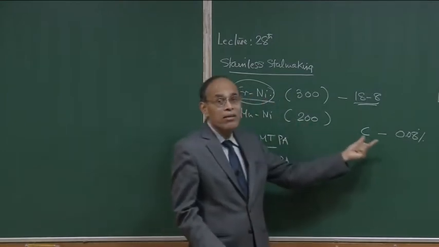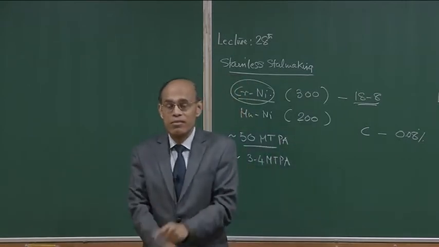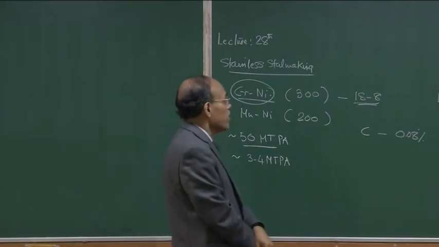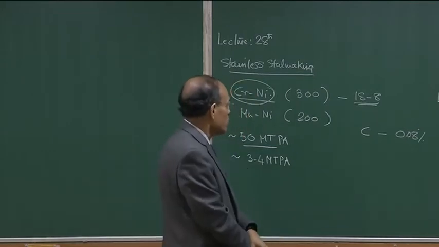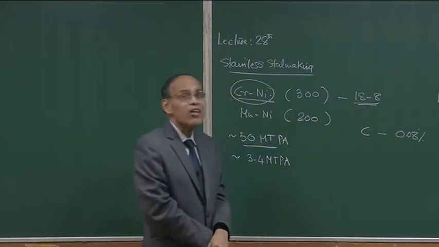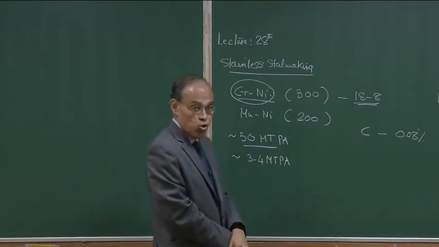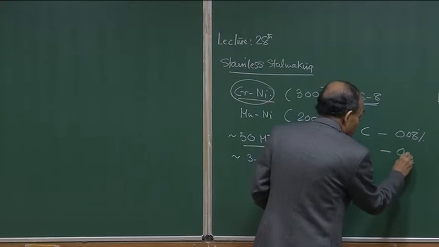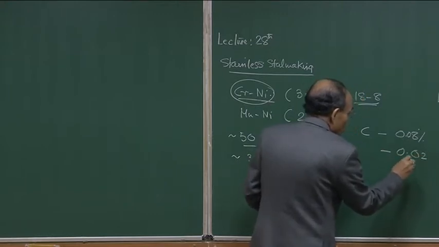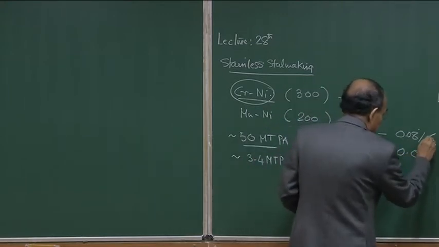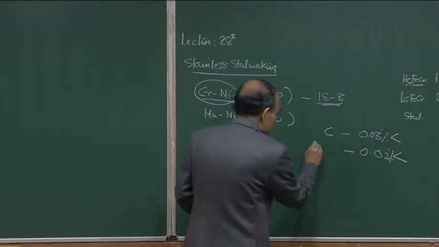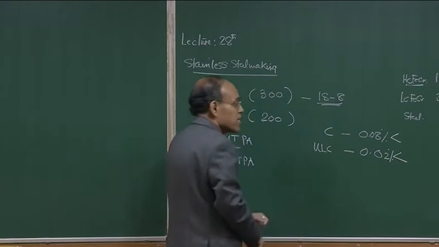So, during the solid state reaction, you can have precipitation of chromium carbide at the grain boundaries, particularly during the solidification process. And you have an ultra low carbon stainless steel also, which is a premium product. This is less than 0.08% carbon, and the ultra low carbon one is less than 0.02%. So, this is ultra low carbon stainless steel.